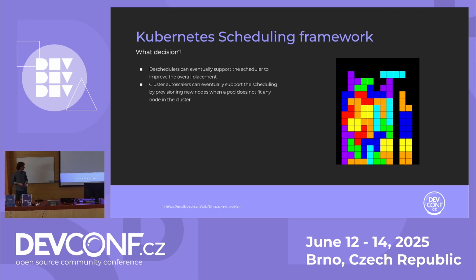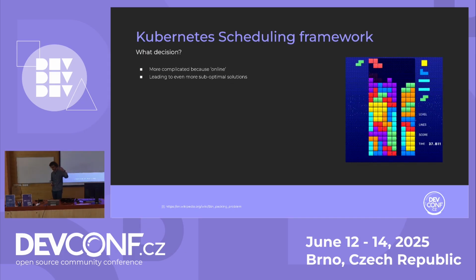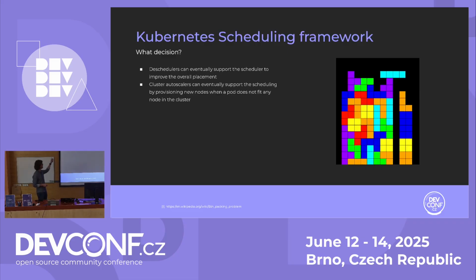There are two more components that help reach a better solution than that. The Tetris board that I've been presenting is the perfect game that you can achieve in Tetris. And if you think of pods being the objects in Tetris, you would actually like that, but you end up with this. The schedulers and the cluster autoscalers are somehow meant to support a rebalancing of the cluster state and the placement of pods in your cluster.